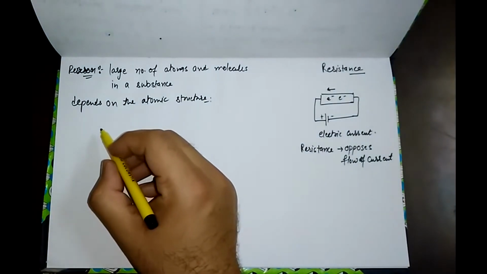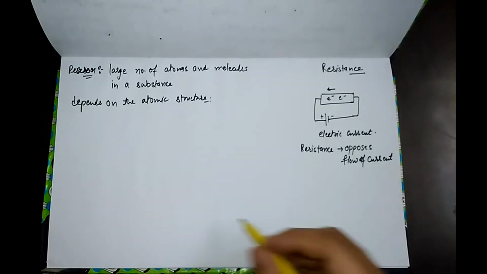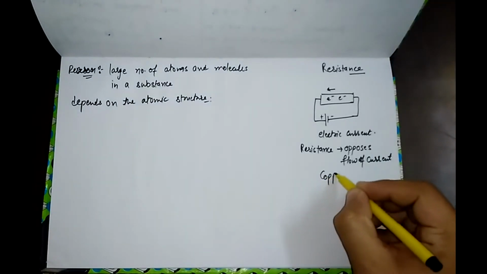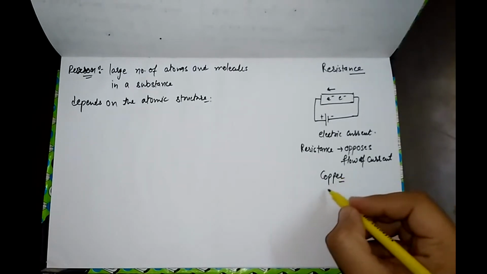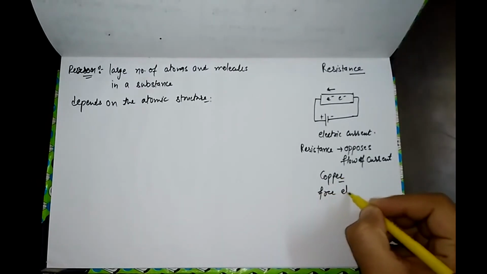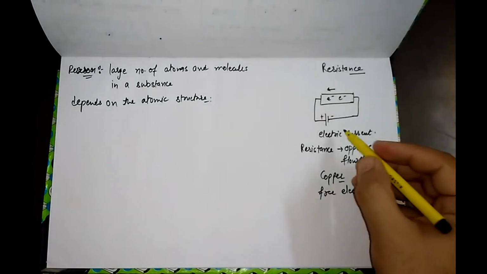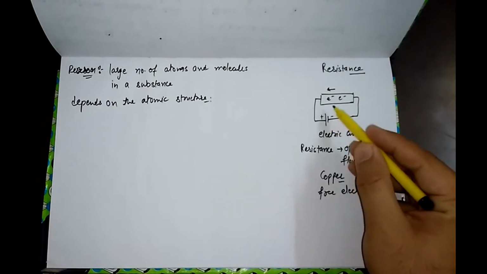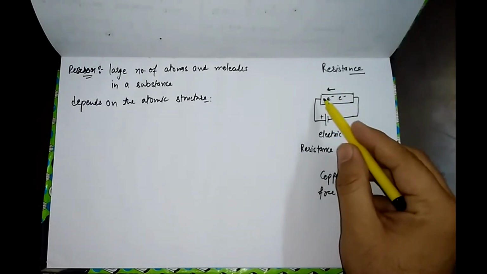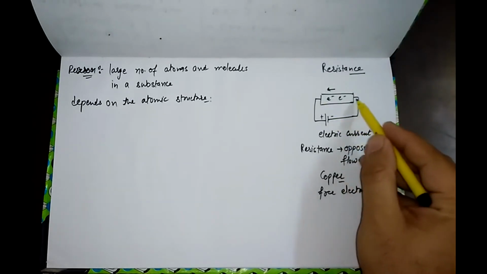If there are a large number of free electrons, as in a copper wire, whenever we apply a small potential difference, that is a small voltage, in a circuit, it causes the flow of electrons from one pole to another pole.